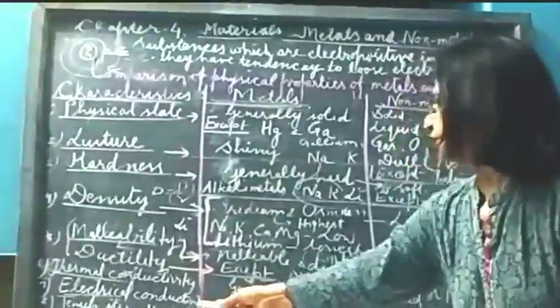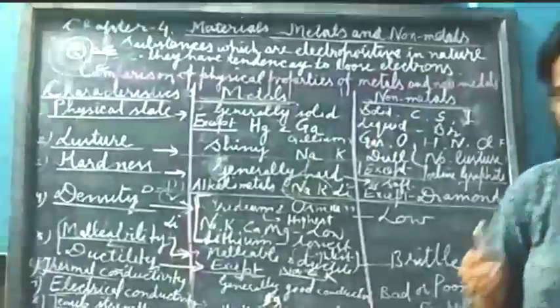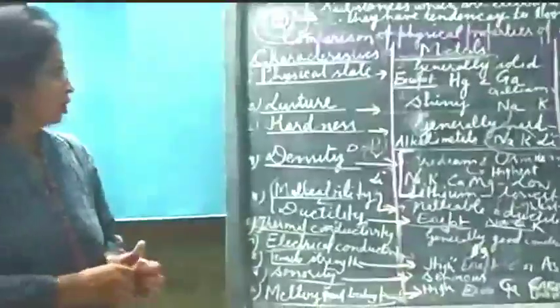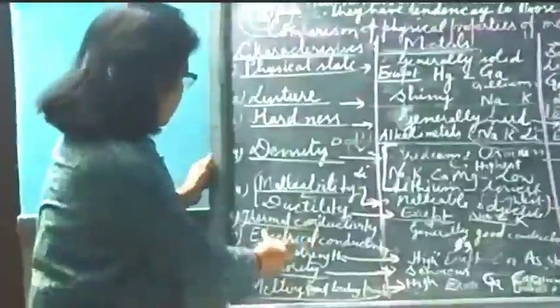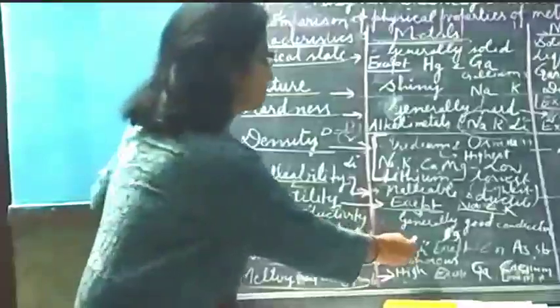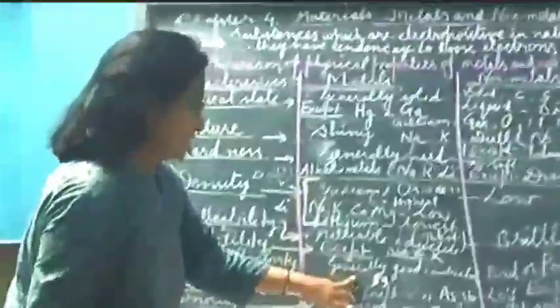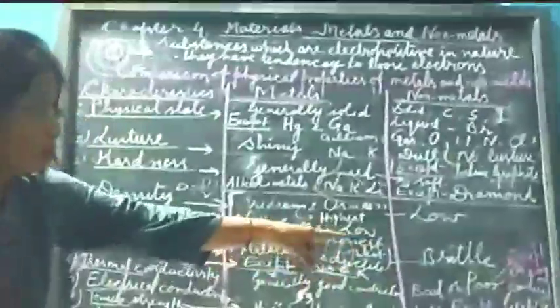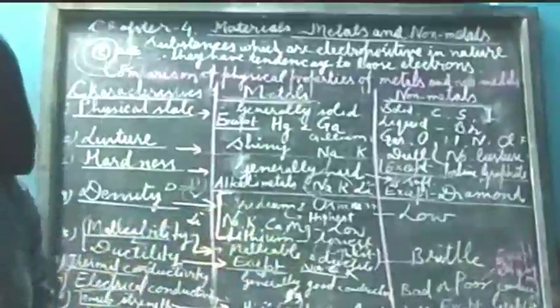Next property is electric conductivity. Electric conductivity means you can make many circuits you are using in daily life. I have explained how you can make a circuit in 6th class, 7th class. So metals are generally good conductors of electricity, whereas non-metals are bad or poor conductors of electricity.